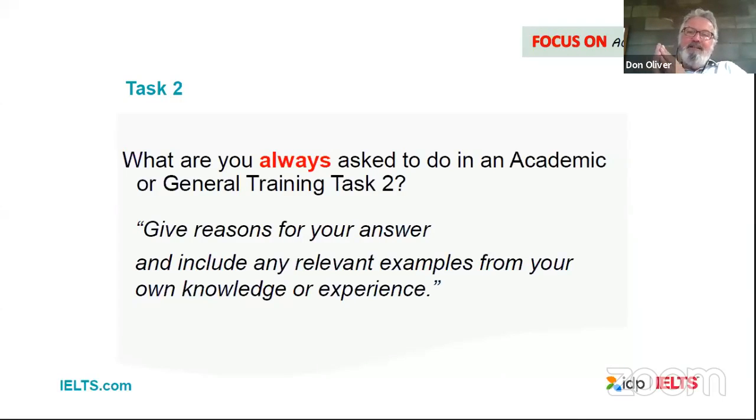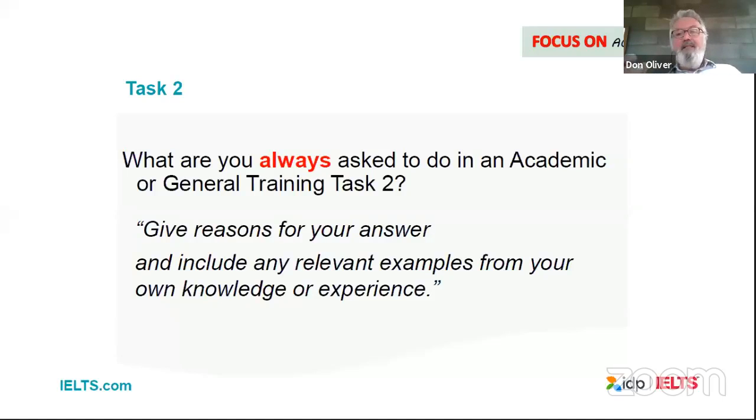In an IELTS writing test, you are always told the same thing. The task is different, but your instructions about addressing the task are always the same. You are always told to give reasons for your answer. This is important. You need to support your argument. You have to present a position on the task.